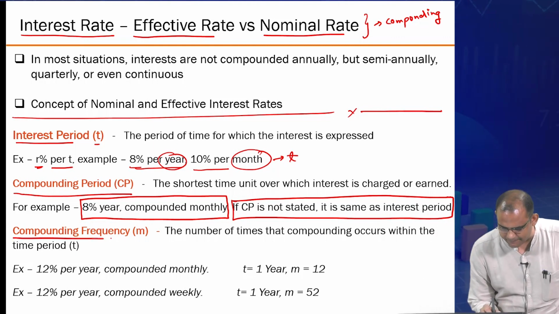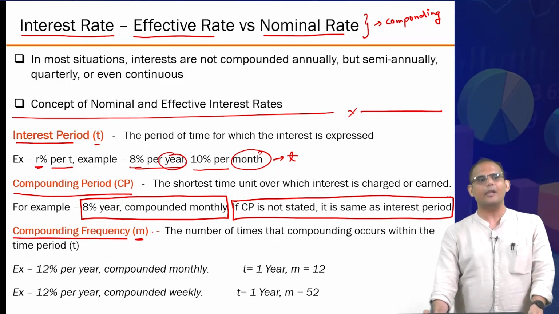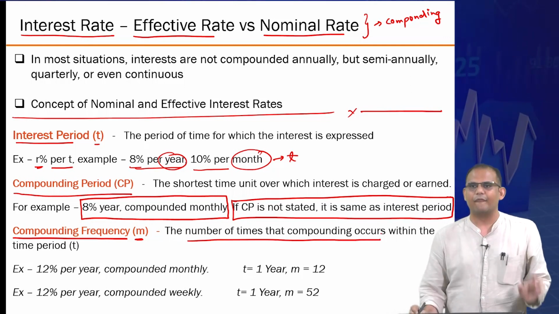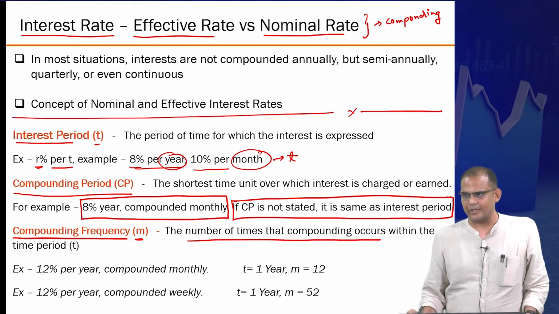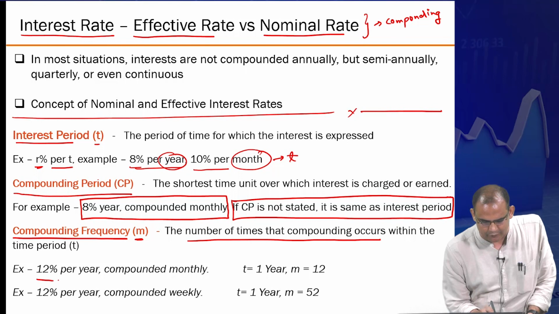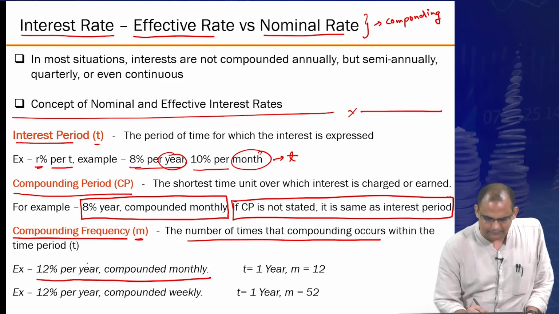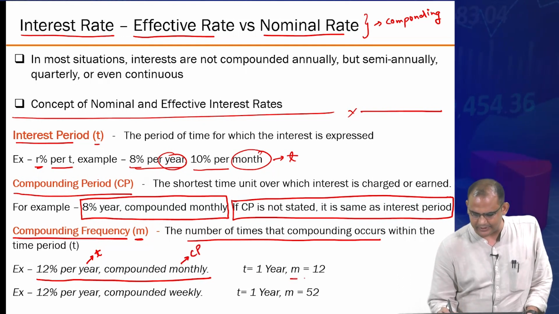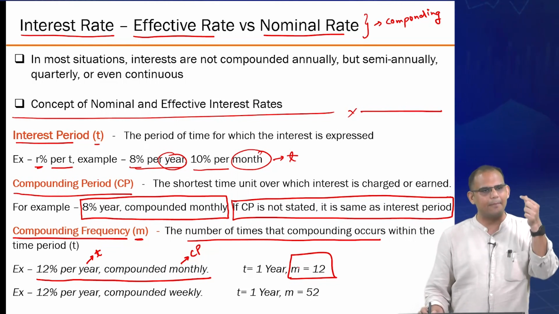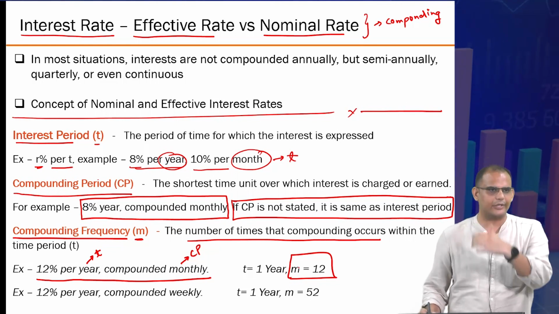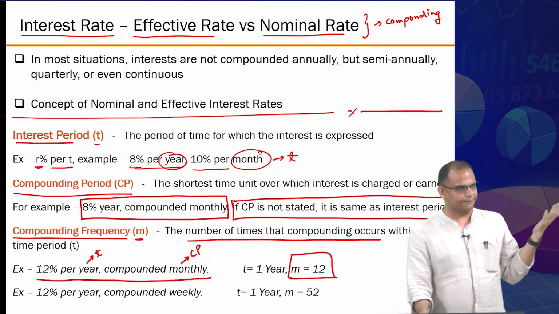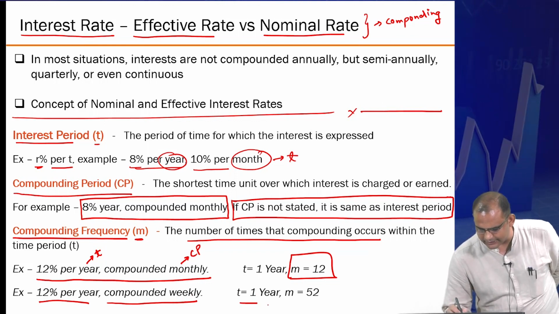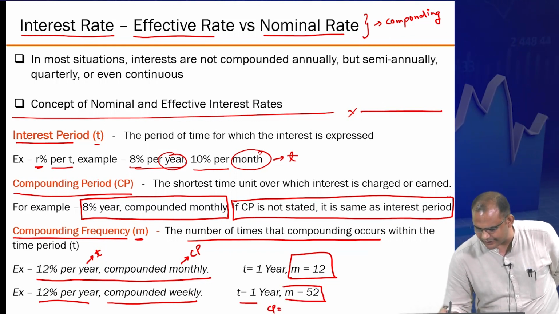Then there is something called compounding frequency, small m, which is the number of times the compounding occurs within a time period T. For example, if I am saying 12% per year compounded monthly, my year is T, my CP is monthly, so m becomes 12, which denotes how many compounding periods are in the given time period T. Here we are talking about 12 months in a year. 12% per year compounded weekly: T becomes 1 year, CP becomes week, m becomes 52.